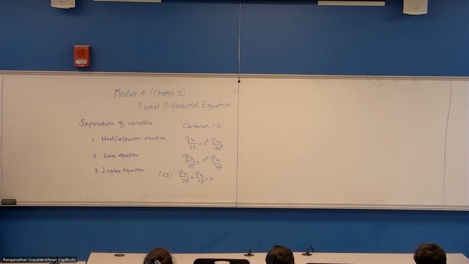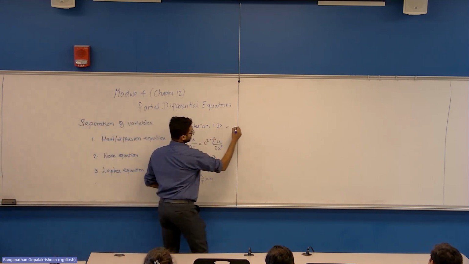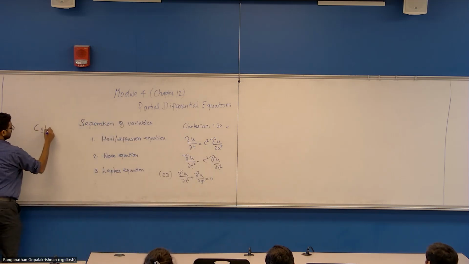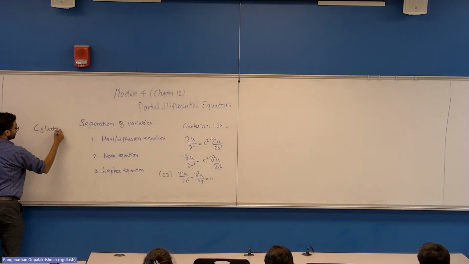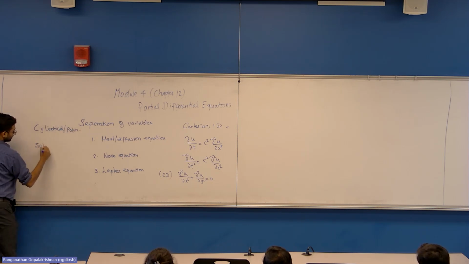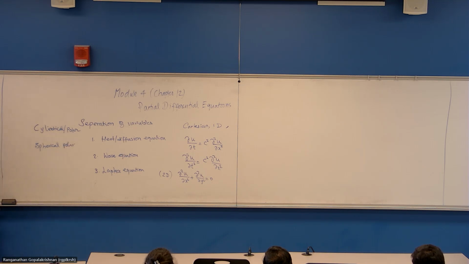We'll start with Cartesian, but we also plan to cover cylindrical or polar coordinates as well as spherical polar coordinates. We'll also do those in addition to Cartesian. So it's a lot of the same concept applied to different geometric systems.